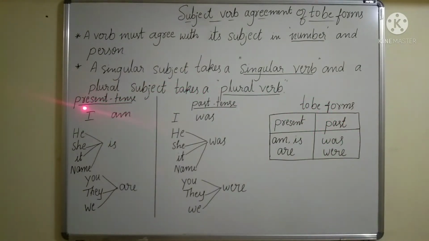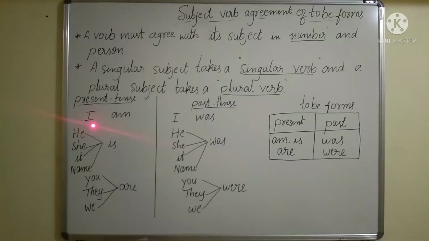And here I have written the present tense to be forms with the different subjects, when the subject is singular, whereas when the subject is plural. How to use them? Okay, let's see one by one.